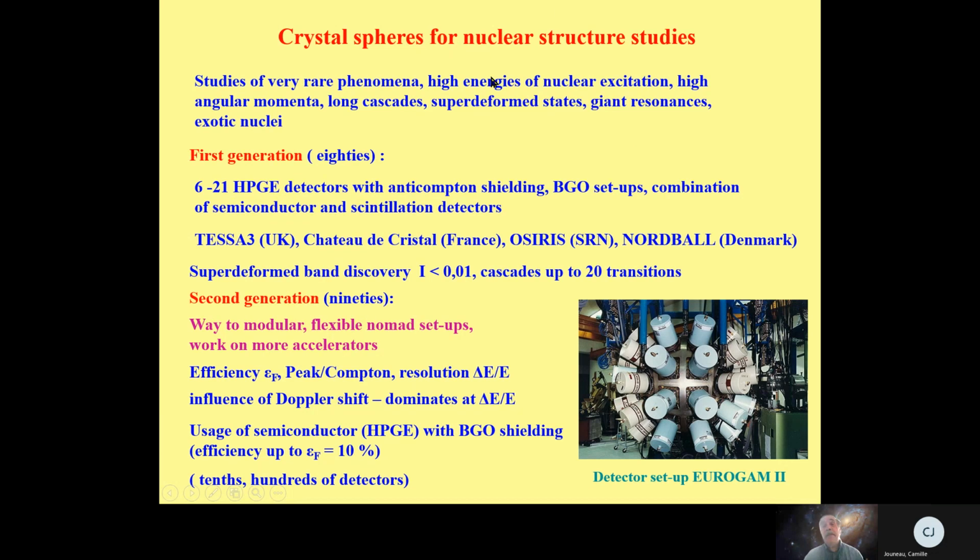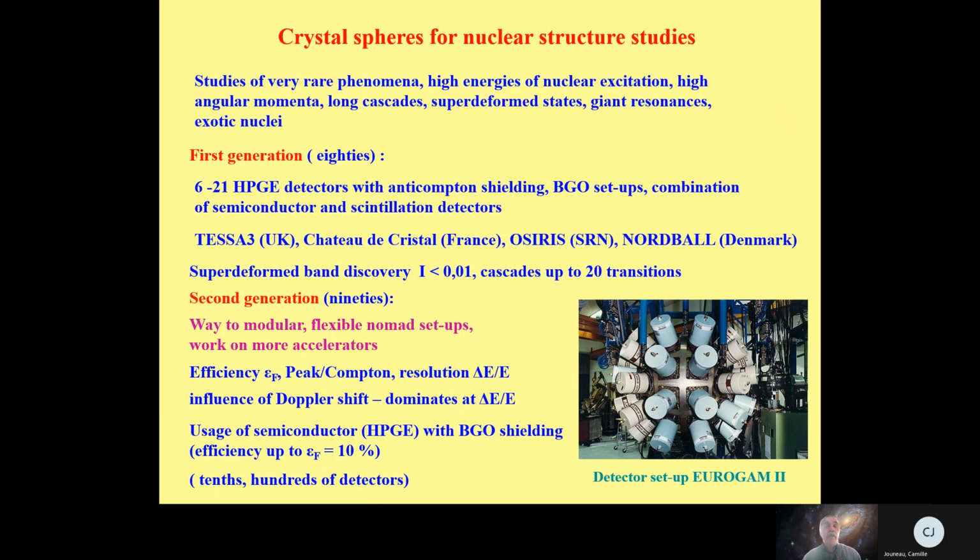I said to you that for nuclear structure studies, we sometimes need to have full 4-pi acceptance. That means it's necessary to detect all gammas which are produced by some phenomena.